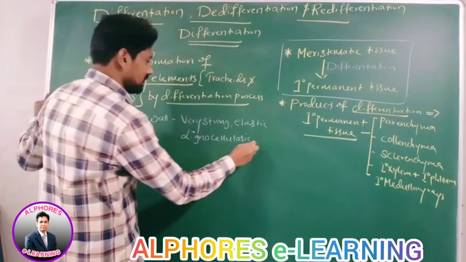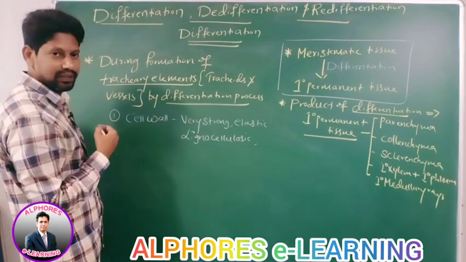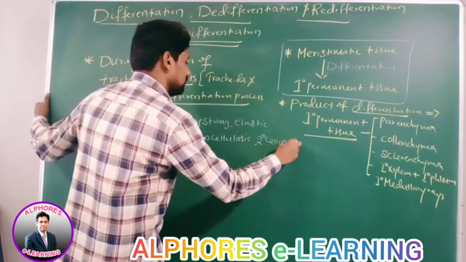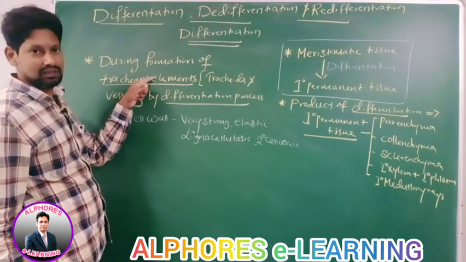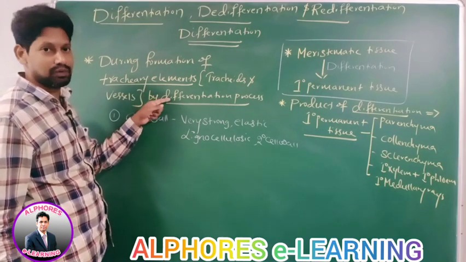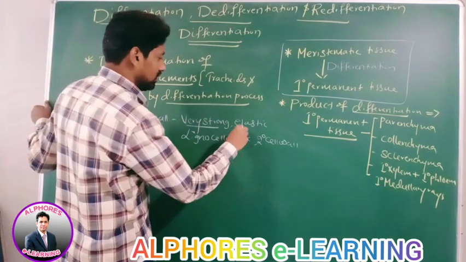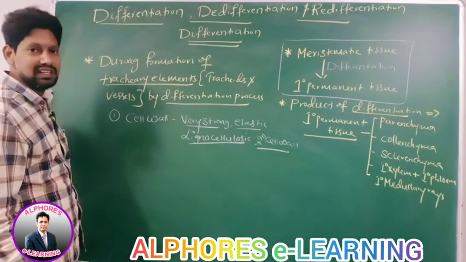Lignocellulosic means lignin is present and cellulose is present. Is it okay? Such cell walls are secondary cell walls. During formation of tracheary elements, the cell wall becomes a secondary cell wall.